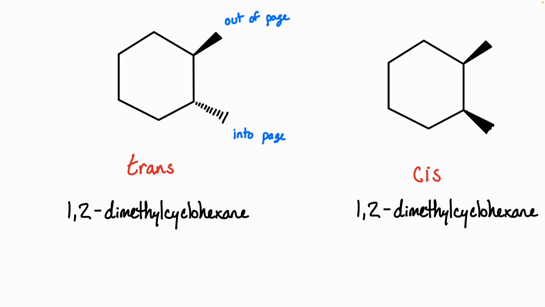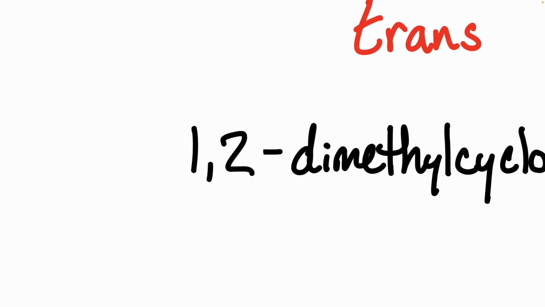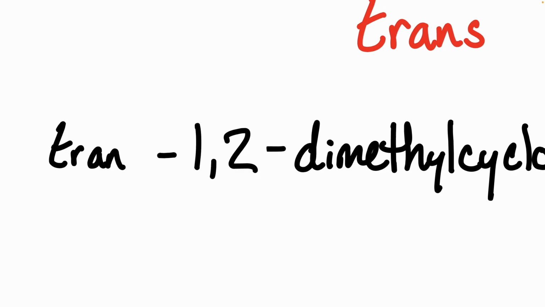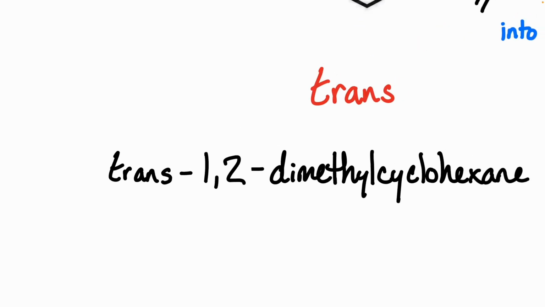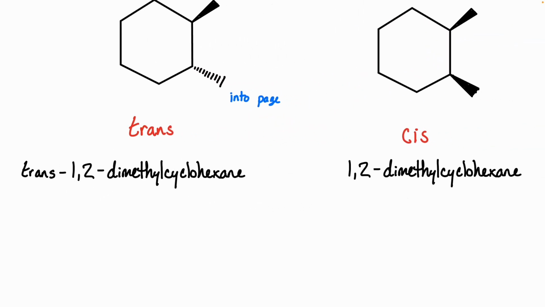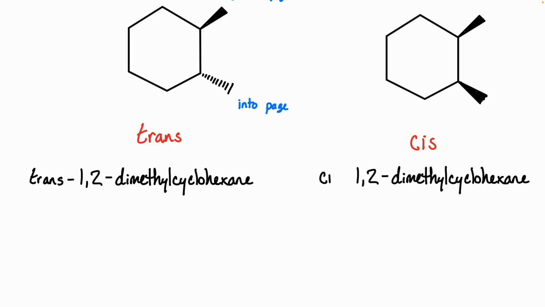We put that out front, so this would be trans-1,2-dimethyl cyclohexane, and the other one would be cis-1,2-dimethyl cyclohexane.